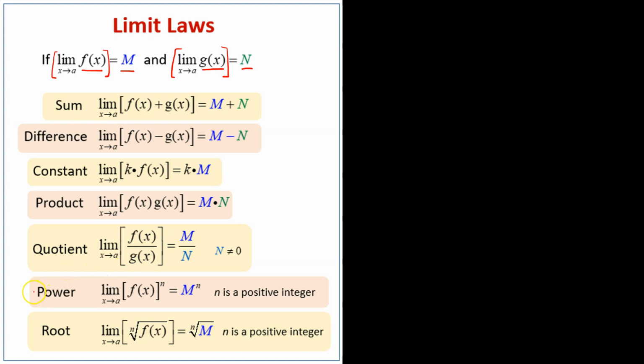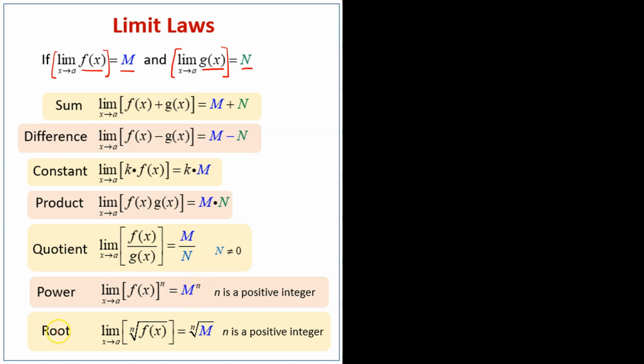We have the power rule, which tells us that if a function is being raised to some power, and then I'm applying the limit, I could hold off on the exponent, apply the limit to just the function, which is the m we have on the right side, and then apply the exponent after.